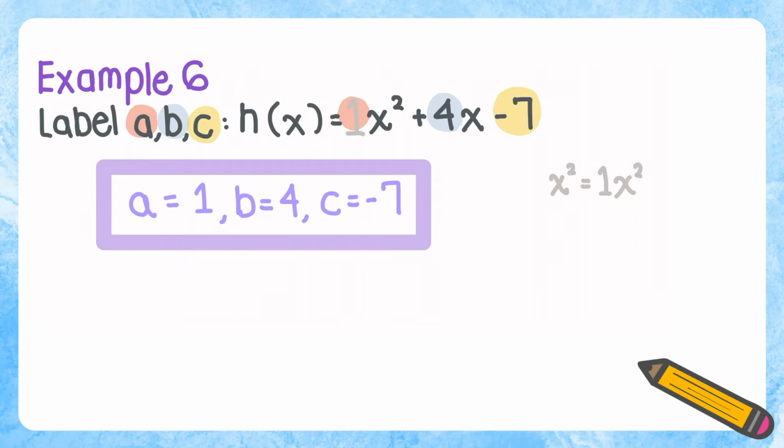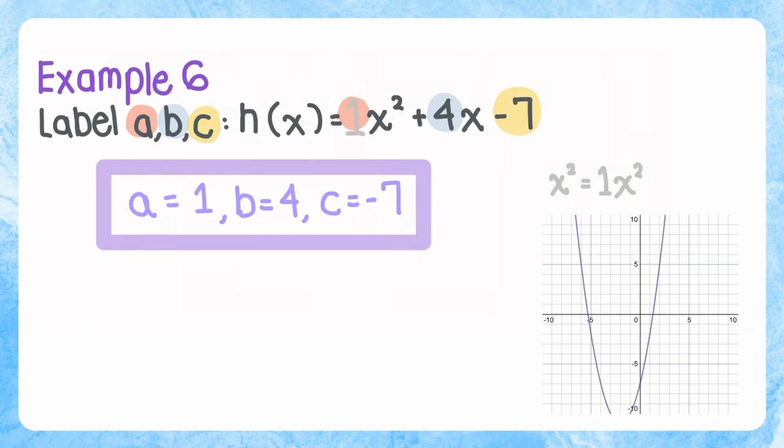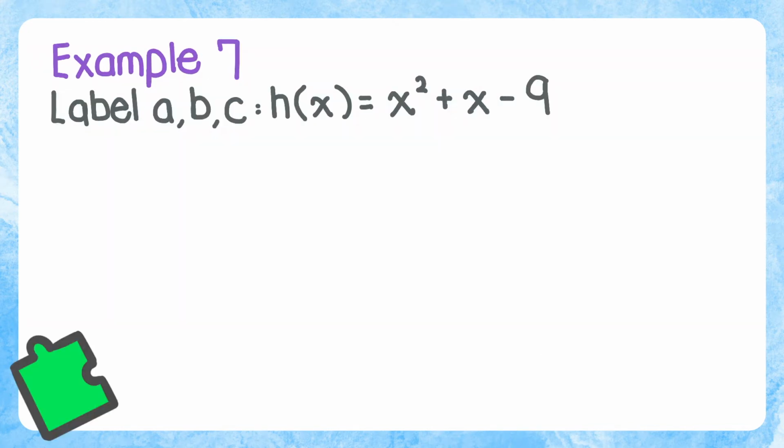So just be careful about the invisible 1, but the rest is similar to your previous examples. And this is the graph of our h of x function. On Edpuzzle, please label a, b, and c for h of x equals x squared plus x minus 9.